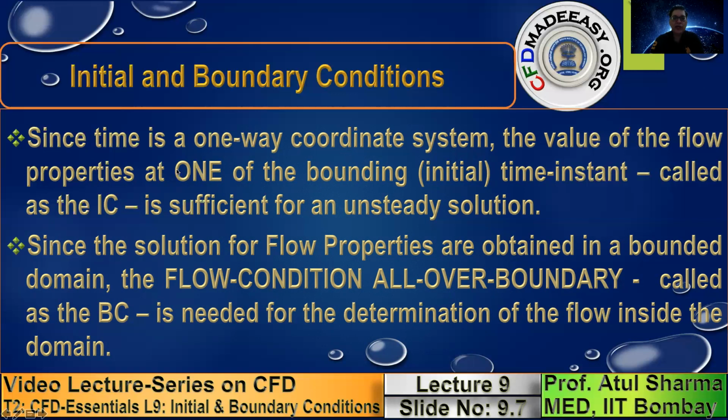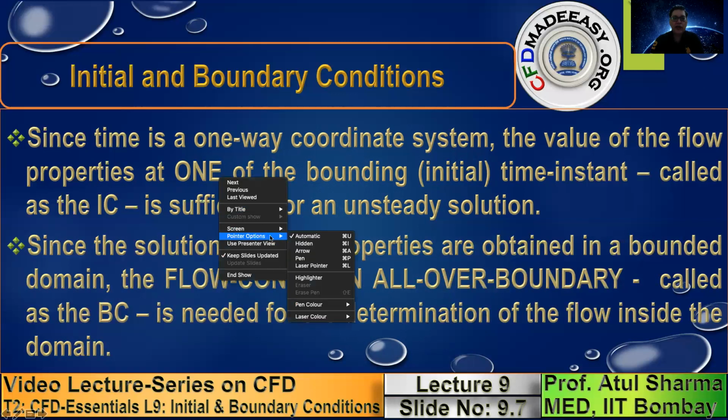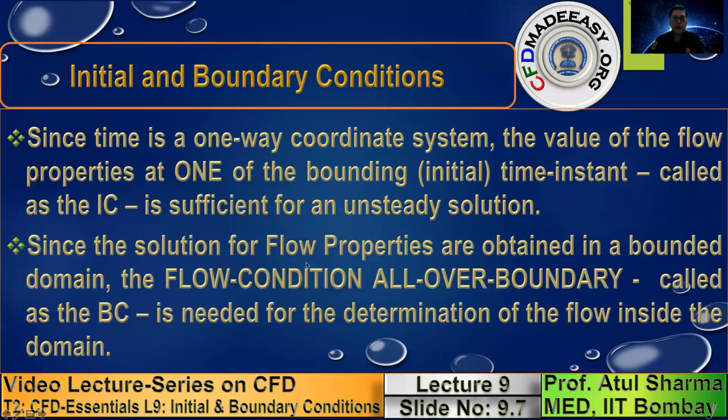So note that the initial condition corresponds to the flow condition at one of the bounding time instants, that is t equals 0, and the boundary condition is the flow condition all over the boundary.